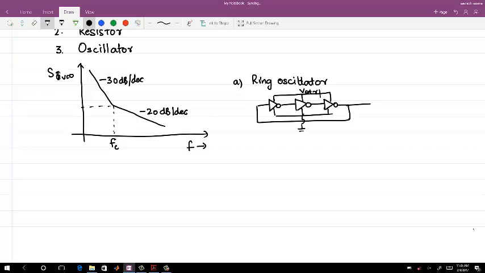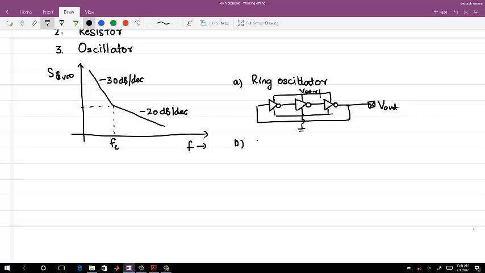Okay, and the output is V out. So now this is a ring oscillator, means it's based on the inverter. This is called as a ring oscillator because the inverters are connected in a ring, and I want to find the phase noise of this particular oscillator. This is one kind of oscillator.